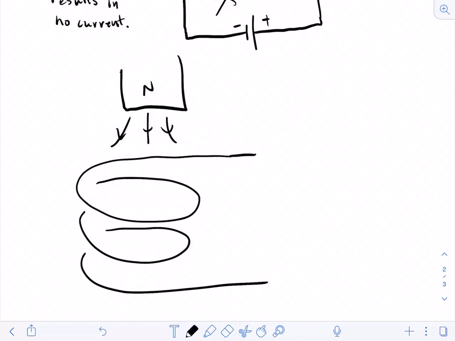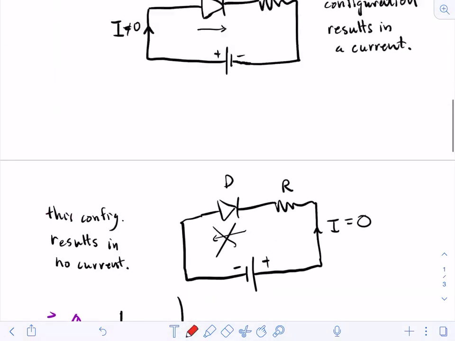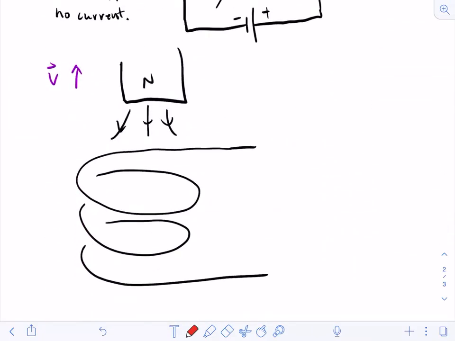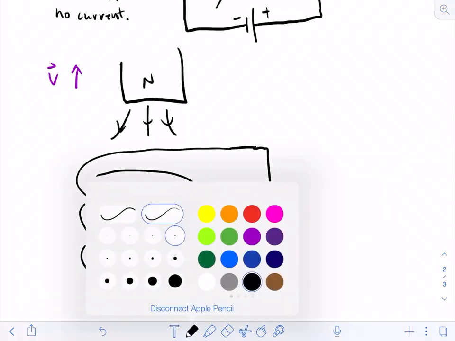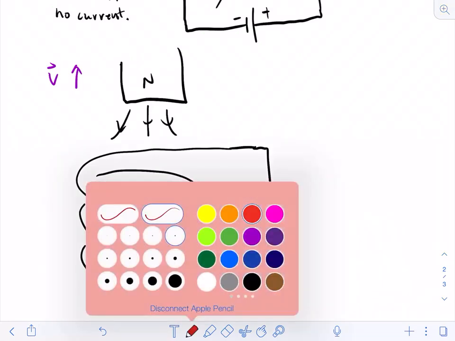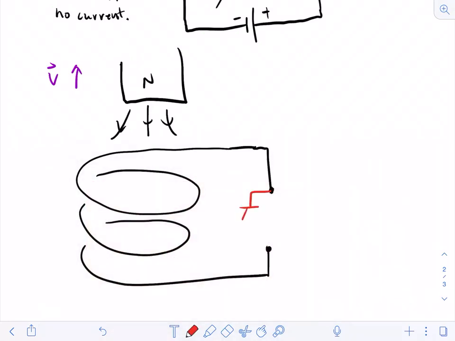This time we'll move our magnet, pulling it away from our coil. My red LED is going to be pointing in the upwards direction. Let's put the red LED in. So I think I want the red LED in this direction, and then I want a green LED in the opposite direction.